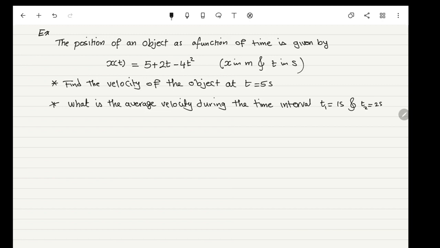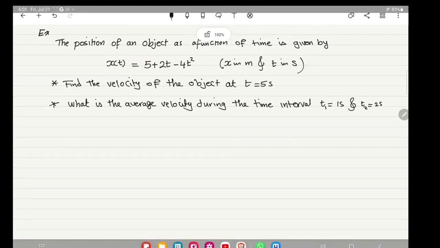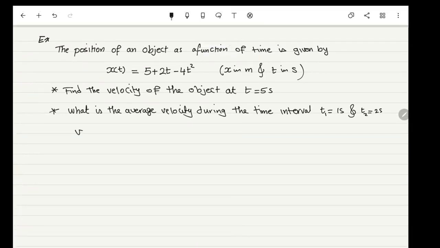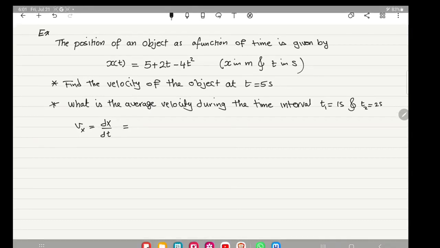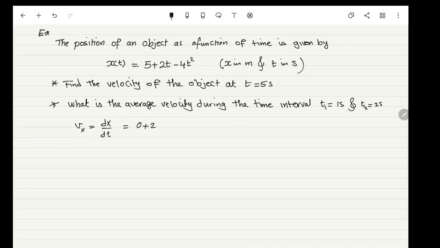Now, to find the instantaneous velocity, or the velocity, we need to find the derivative: v equal to dx/dt. Here x equal to 5 + 2t - 4t², so dx/dt equal to 0 + 2 - 8t.